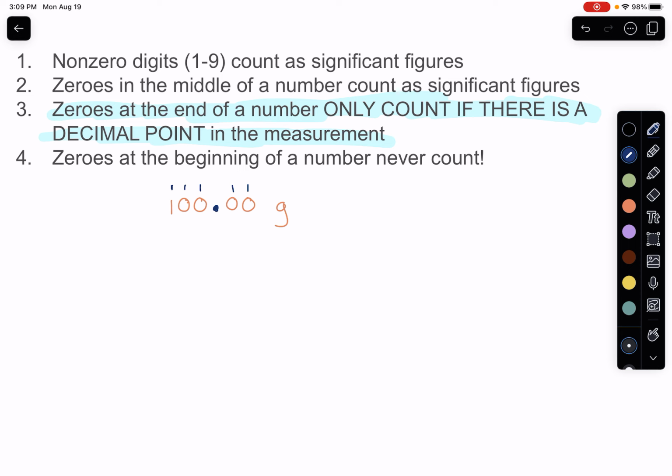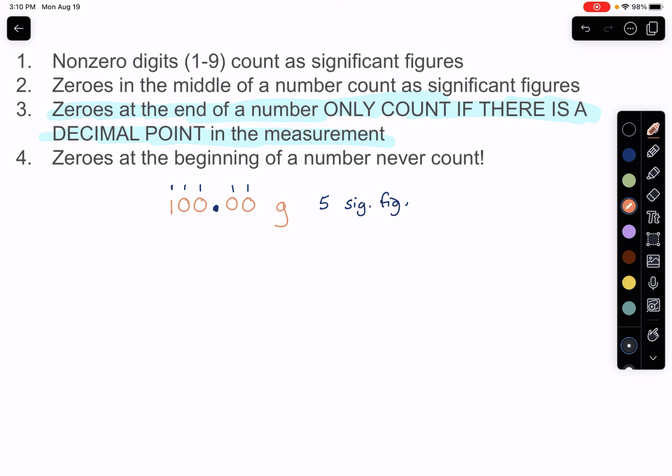Sometimes these are also called trailing zeros because they're at the end of the measurement. Even though two of those zeros come before the decimal point, they're still considered ending zeros because there's no actual number other than 0 after them. So this would have a total of 5 significant figures.